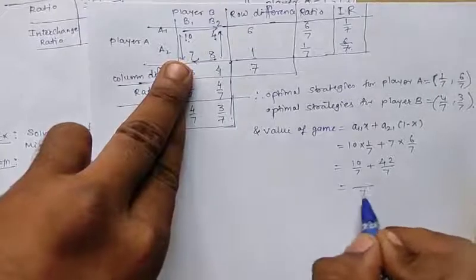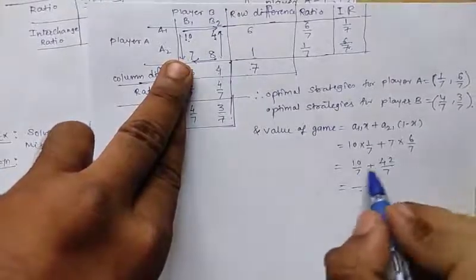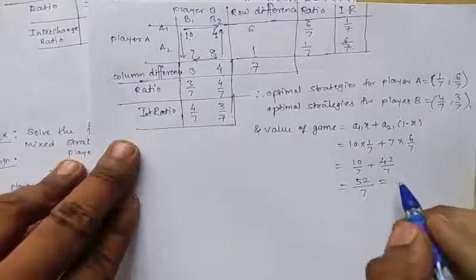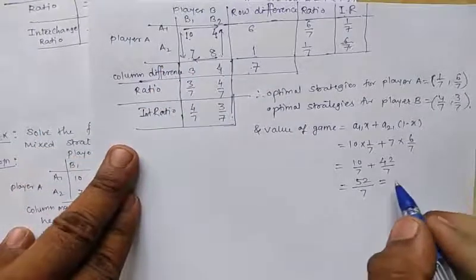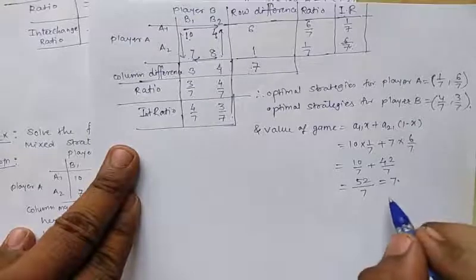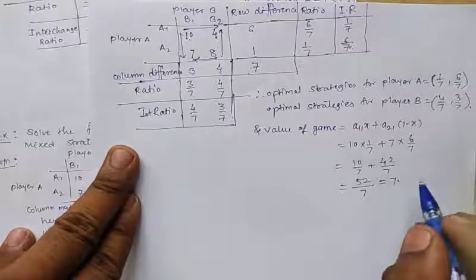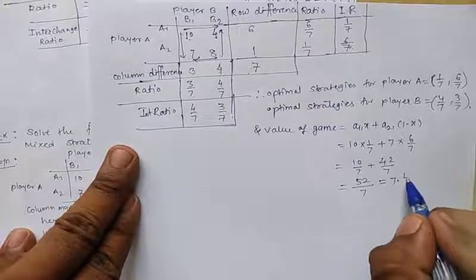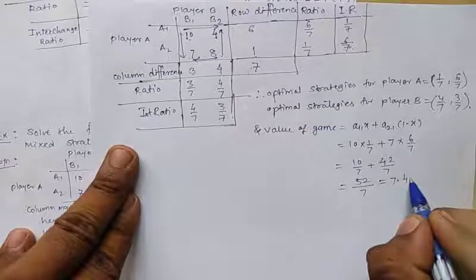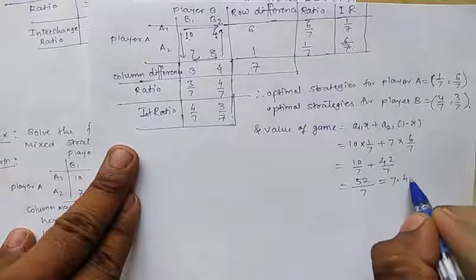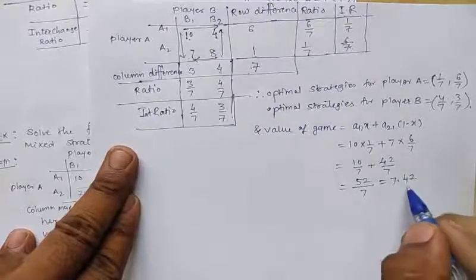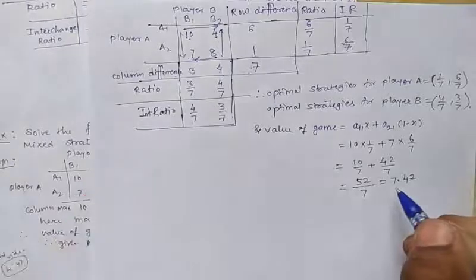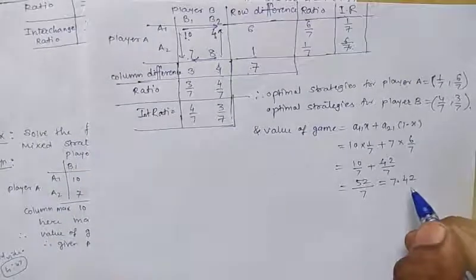The denominator is the same, 7. So after adding the numerators, 52 upon 7. So after calculating it, we get the value of game, which is 7.42.